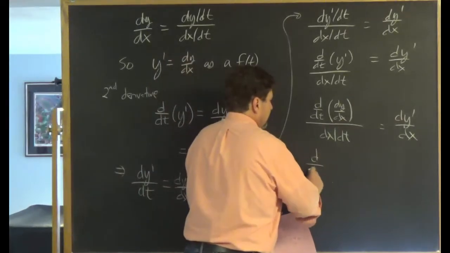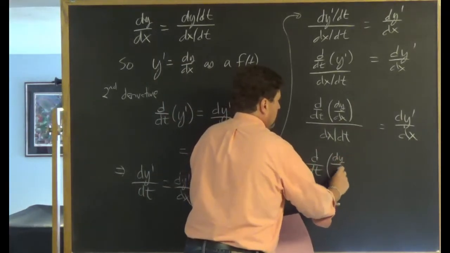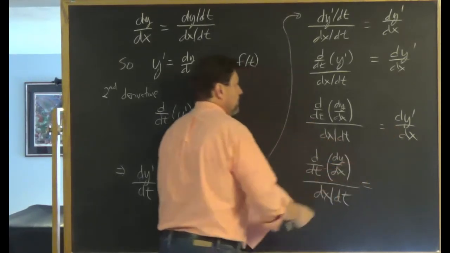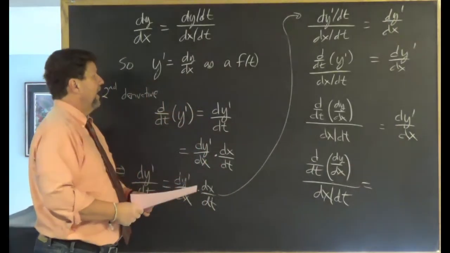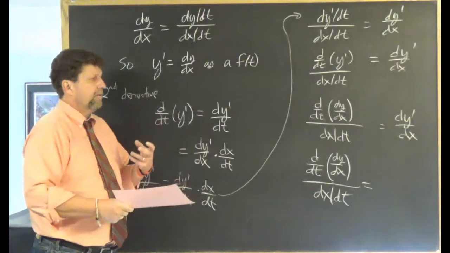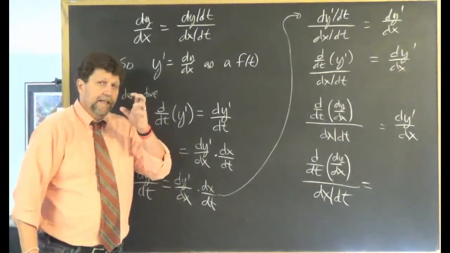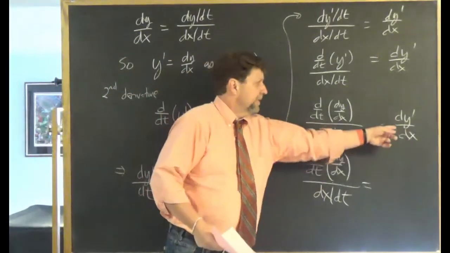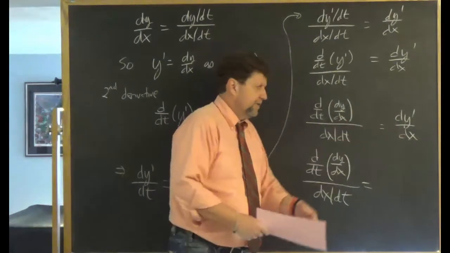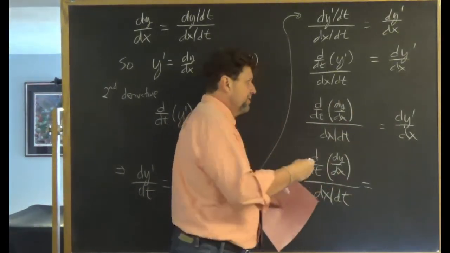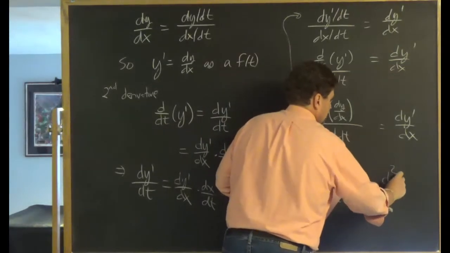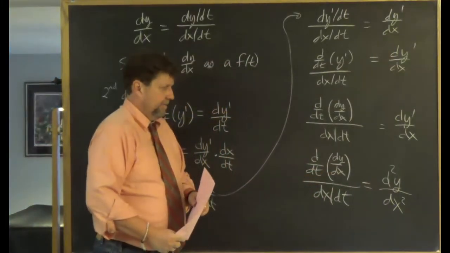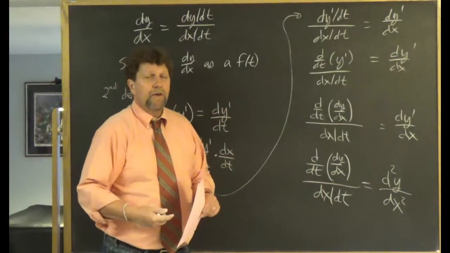And when you do that, it gives you d dx of y prime. You're differentiating a derivative. This is just funnier notation for the second derivative. So let me write the second derivative notation as that.